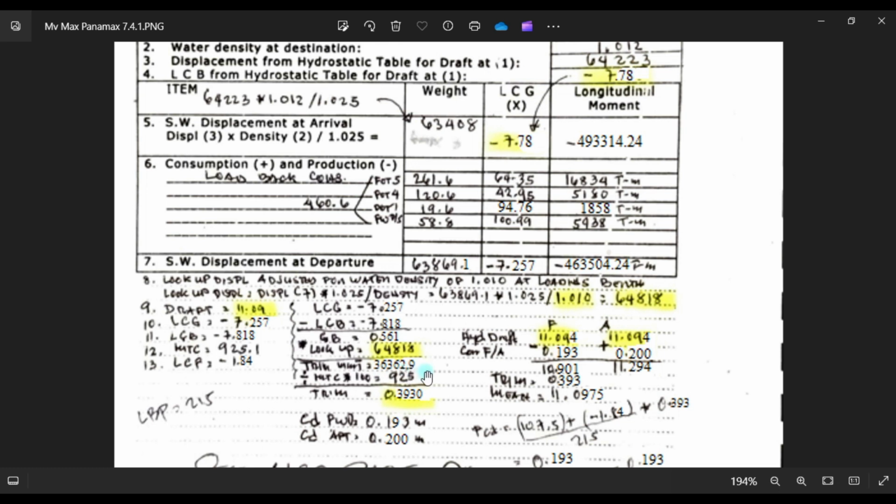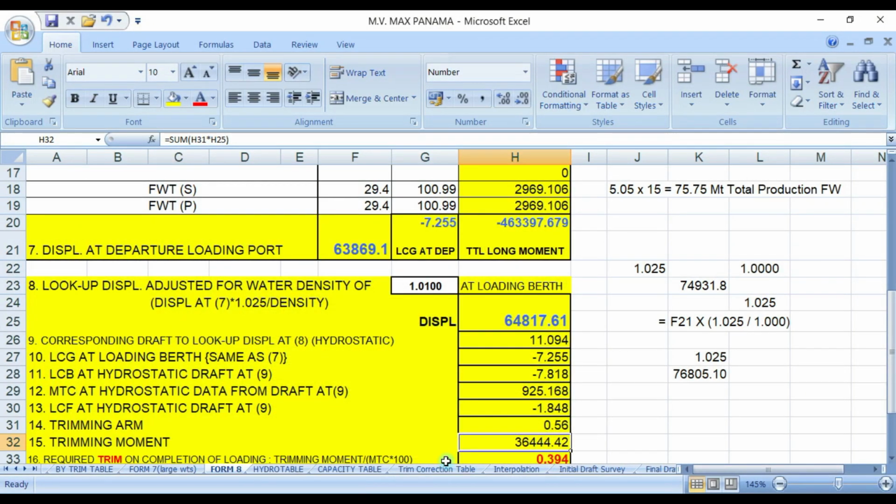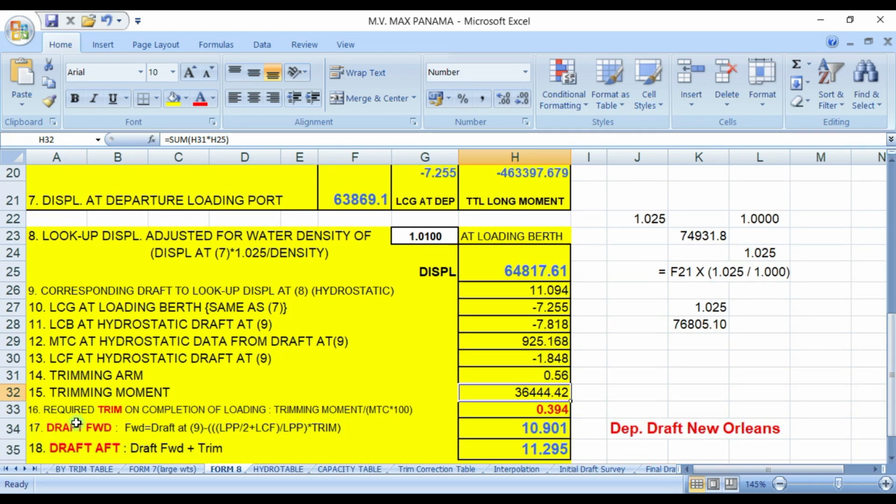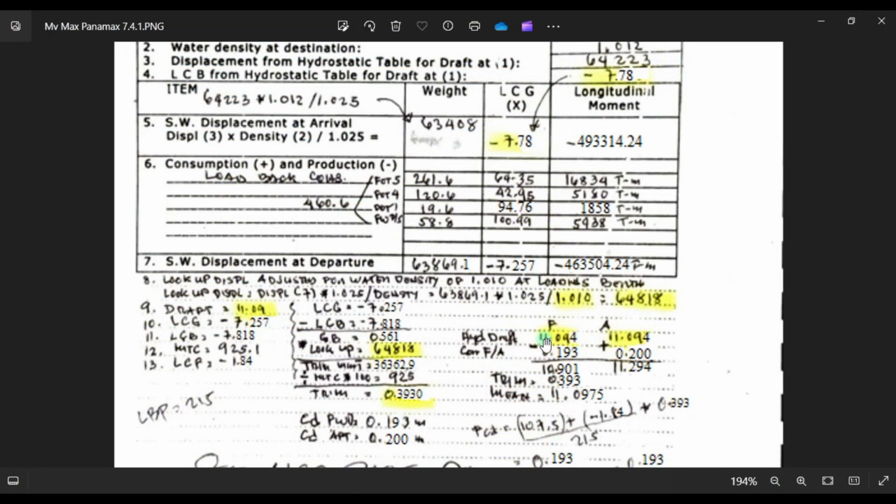This is the trimming moment, and you will have a departure trim or required trim in loading in Australia of 0.393. Okay.